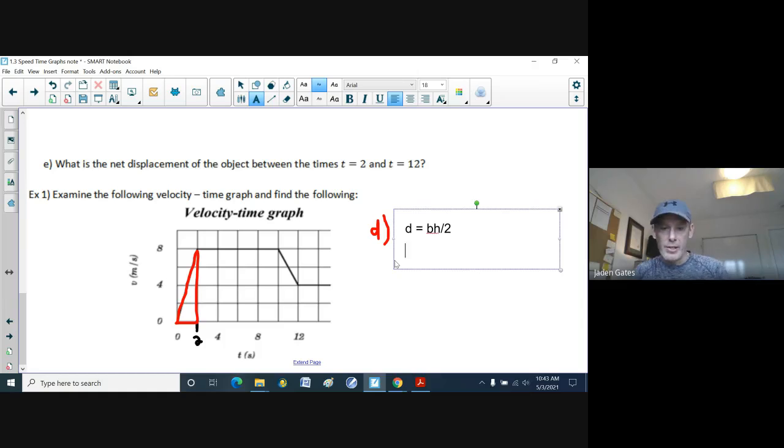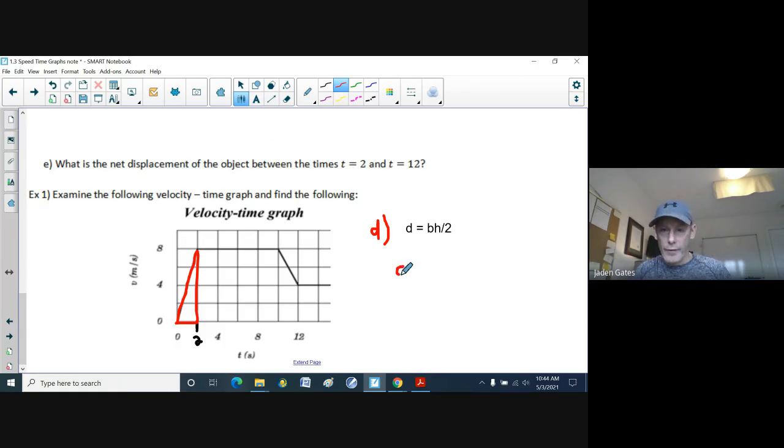And so in this case, our distance that this object has traveled in the first 2 seconds, we have D equals. The base is the distance along the bottom of the triangle, so I have a 2. The height of the triangle, how far up it goes from 0 to 8 here, so it's got a height of 8. And then I divide by 2.